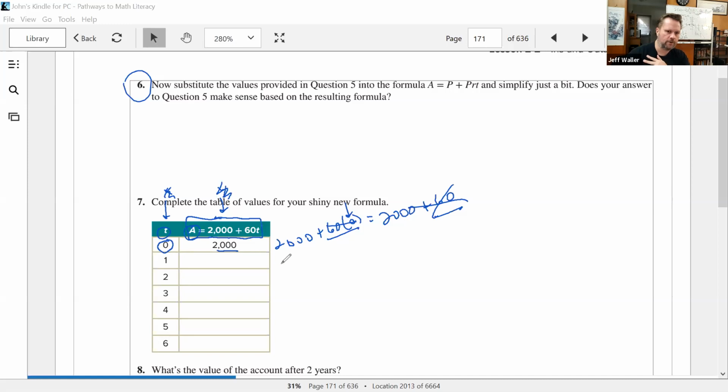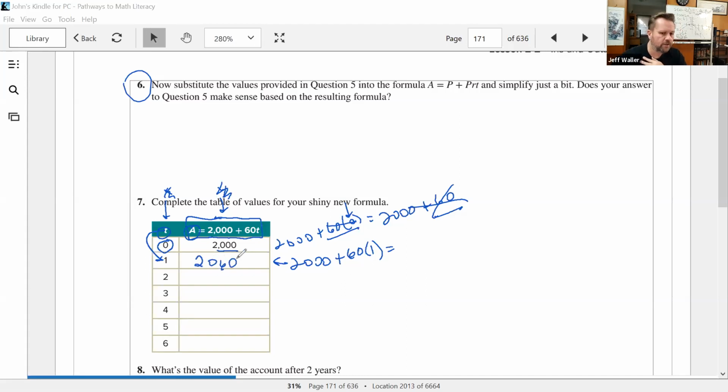So how would I do this next entry? What does this row tell me to do? Multiplied by 1. Yeah, make t 1. Now 60 stays alive. So of course, what's that? 2060. I love it. Kick ass.